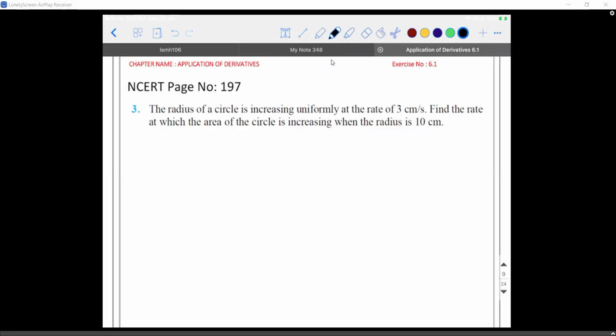The radius of a circle is increasing uniformly at a rate of 3 cm per second. So what are we supposed to write? dr/dt is equal to 3 cm per second. Find the rate at which the area of the circle is increasing when its radius is 10 cm. So dA/dt is equal to how much when r is equal to 10 cm?